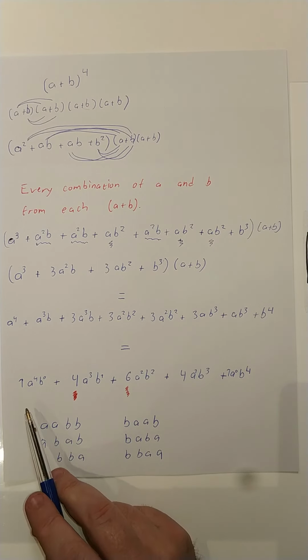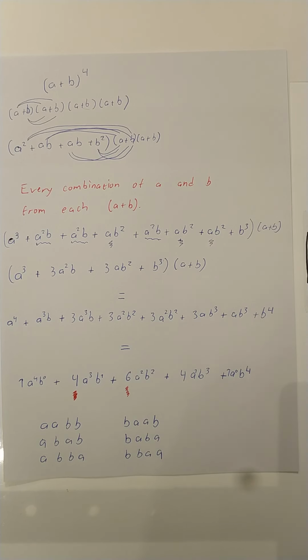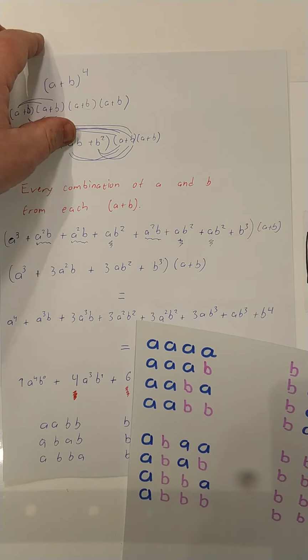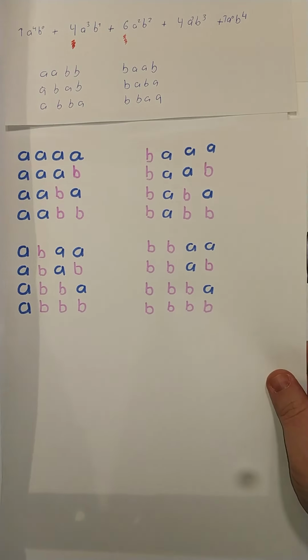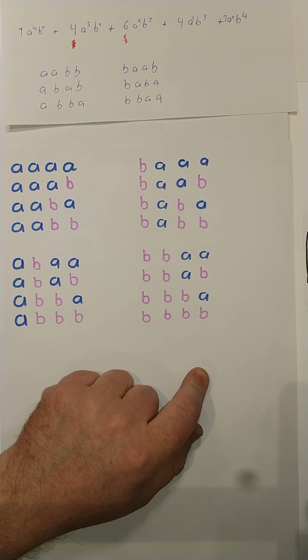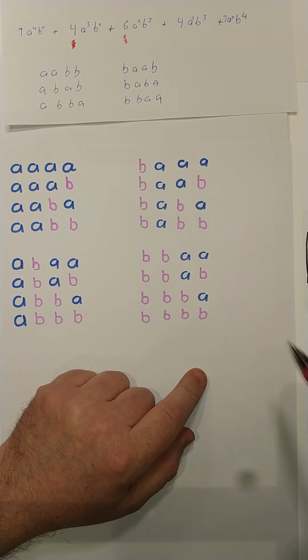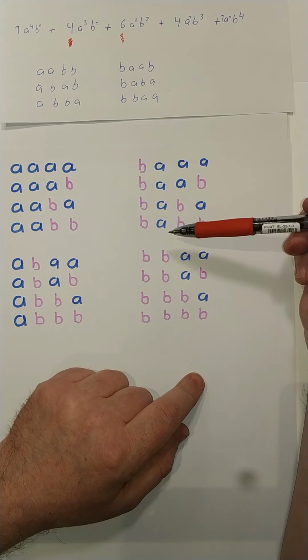So really, I could look into this if I wrote down all possible combinations. And I have actually done that. So, let's look. So these are the 16 combinations of 4 letters, either a or b.